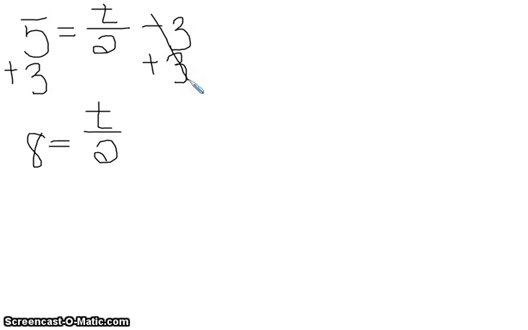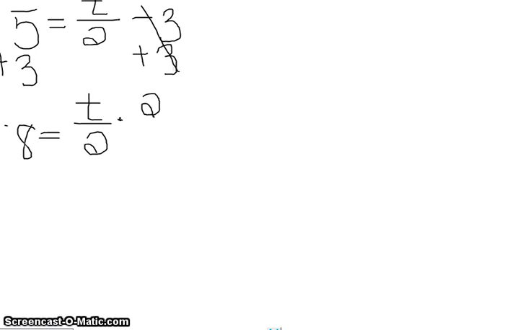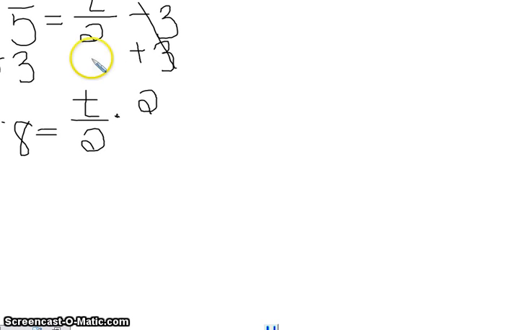And from here, different from the problem that we did together, I am dividing by 2, so the inverse operation of division would be multiplication. And we talked about this with our 2-step, that multiplying by 2 is the same thing as multiplying by 2 over 1. We could make that into a fraction if we wanted to. But to shorten the work here, we can just multiply by 2.